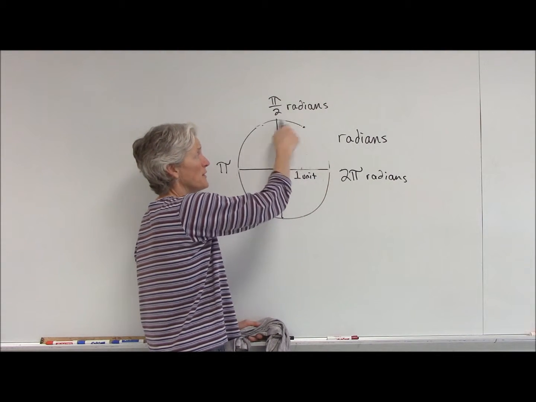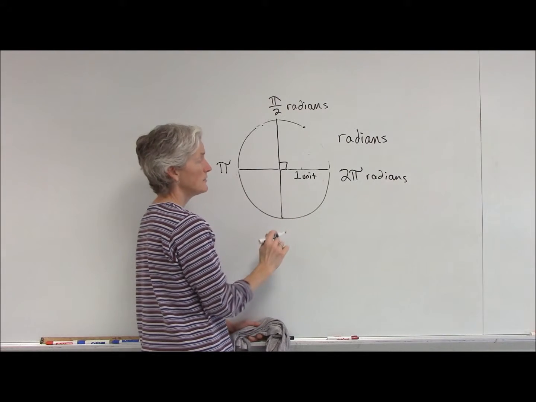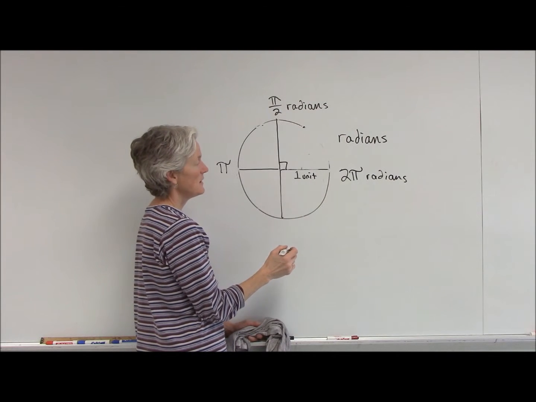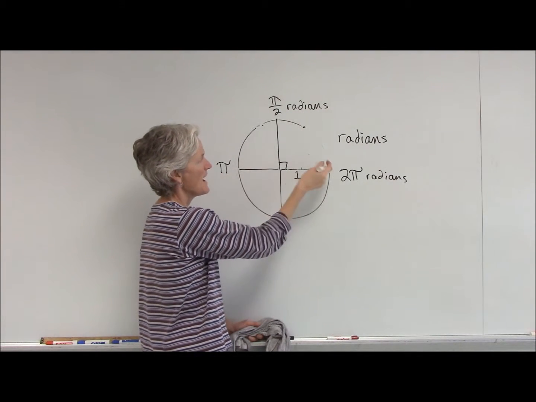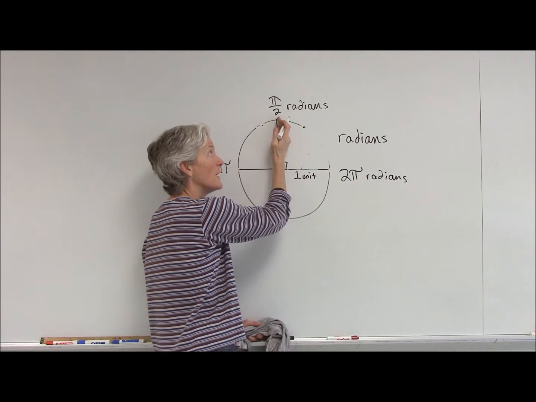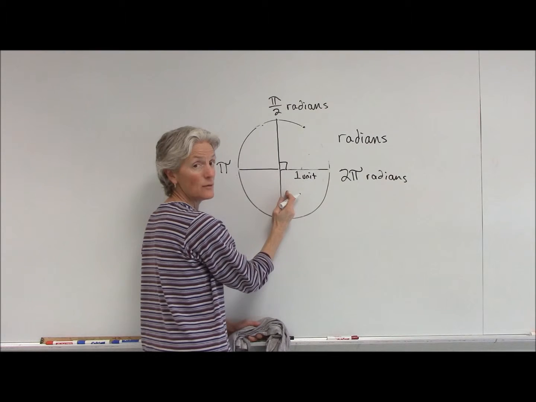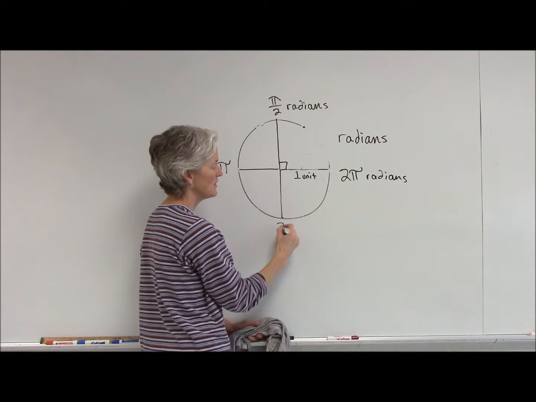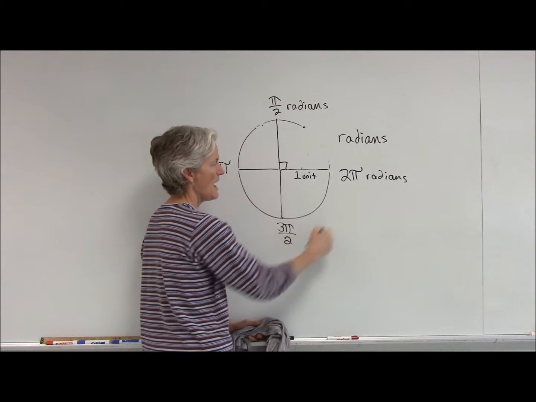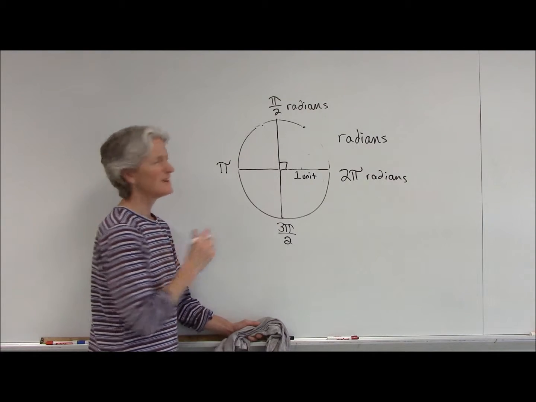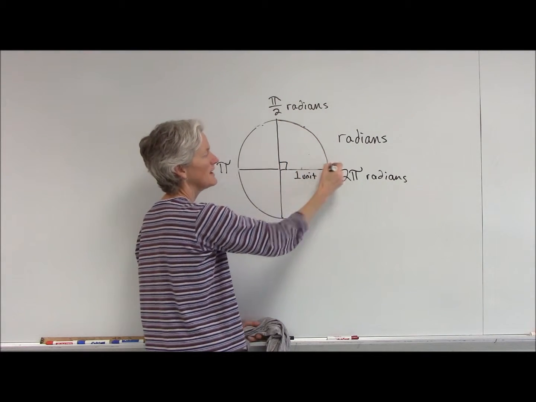If I go 3/4 of the way around, what's that going to be? Well, I have 1/2 pi, 2/2 pi, 1.5 pi, also known as 3 pi over 2, and then 2 pi. So you can kind of fill in your radians here.